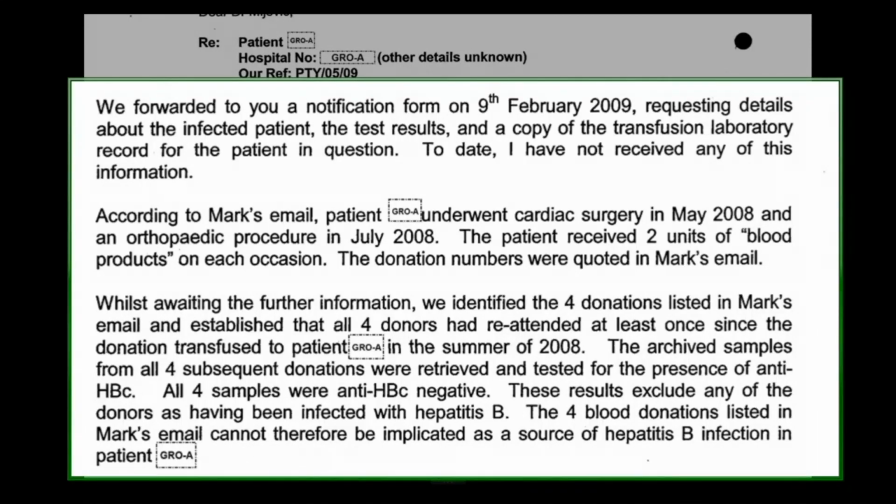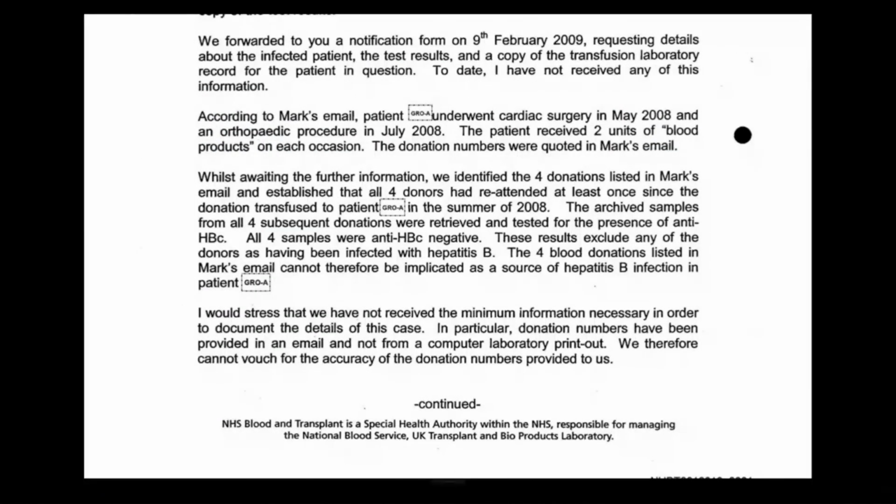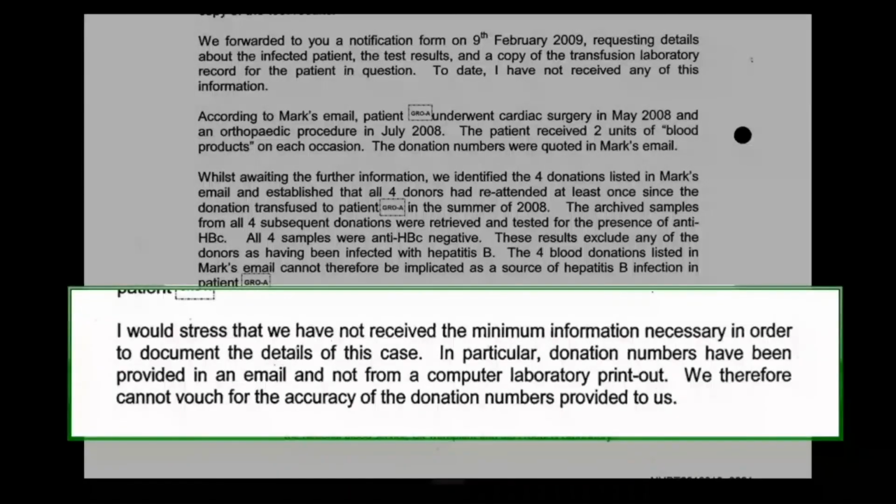The 4 blood donations listed in the doctor's email cannot therefore be implicated as a source of hepatitis B infection in patient X. I would stress that we've not received the minimum information necessary in order to document the details of this case. In particular, donation numbers have been provided in an email and not from a computer laboratory printout. We therefore can't vouch for the accuracy of the donation numbers provided to us.